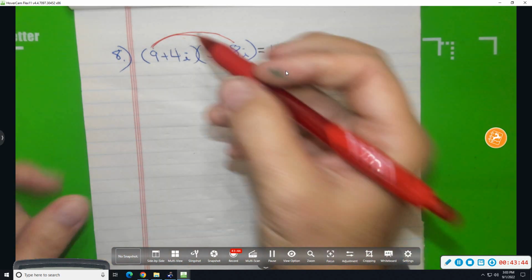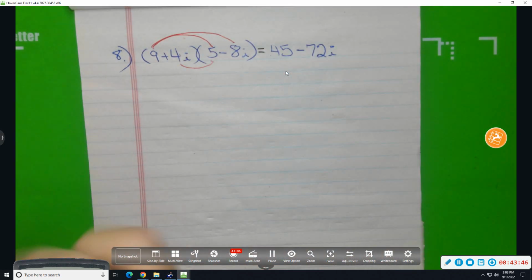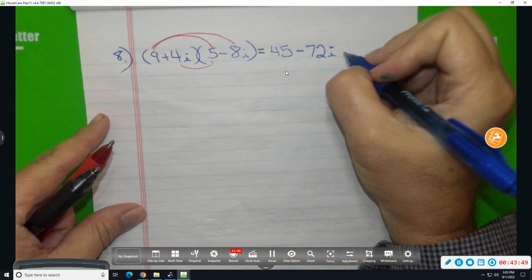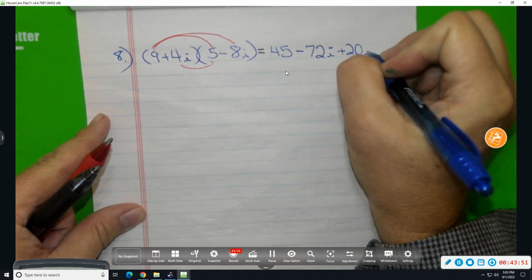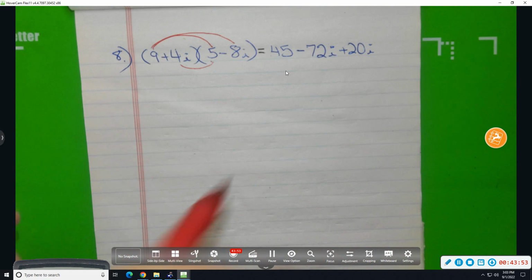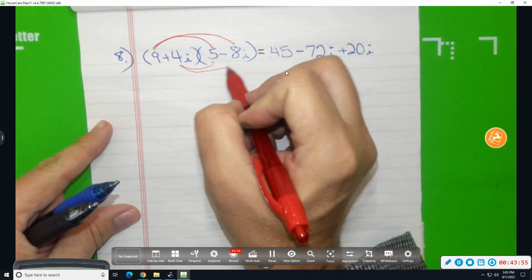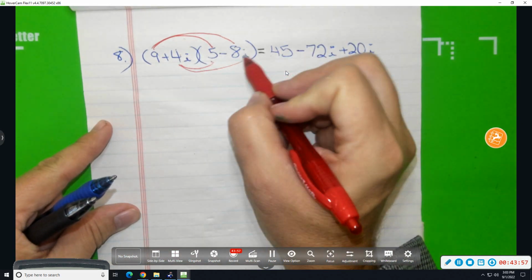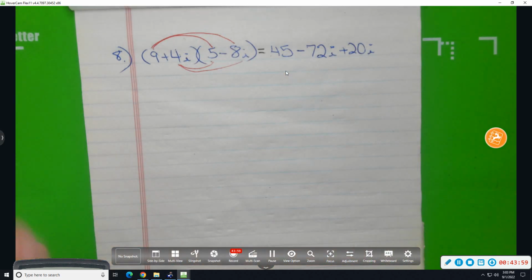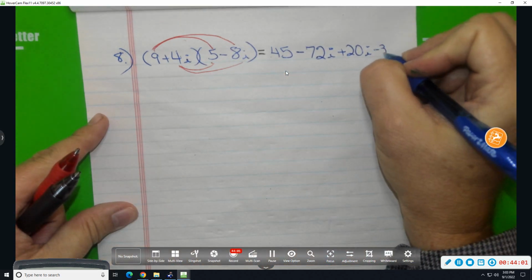Inner. Plus 20i. Last. Minus 32i squared. Okay. Positive 4 times a -8. That's a -32, so we have a minus 32.